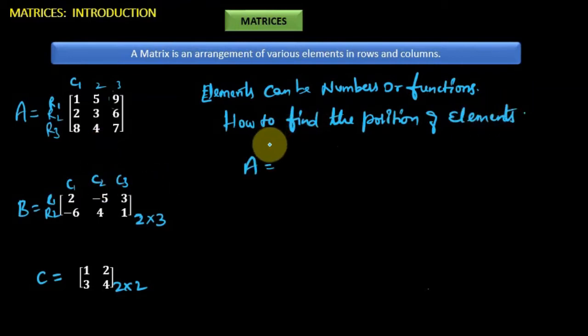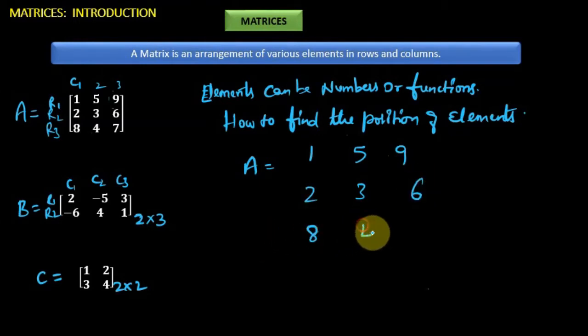Now I will show you how to find the position of these elements. Same example, I'll take this matrix A here: 1, 5, 9, 2, 3, 6, 8, 4, 7.